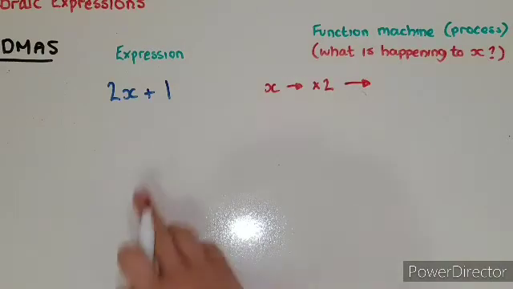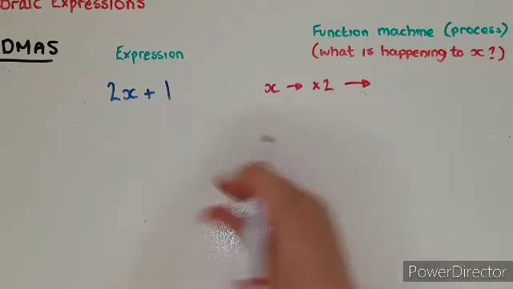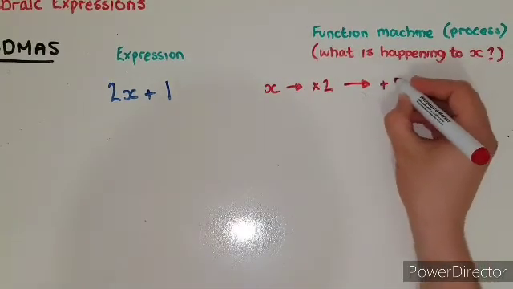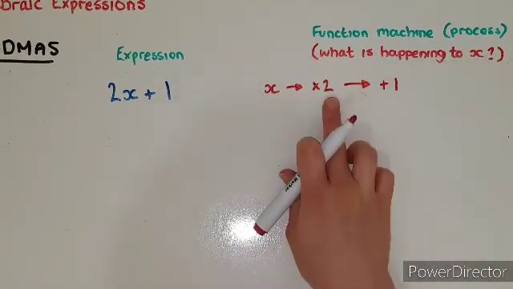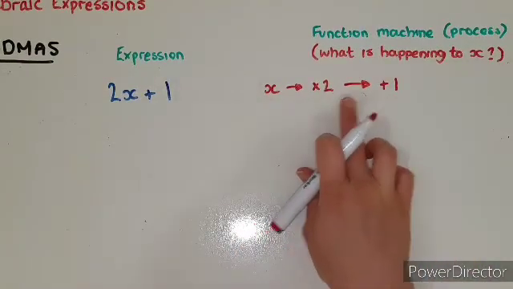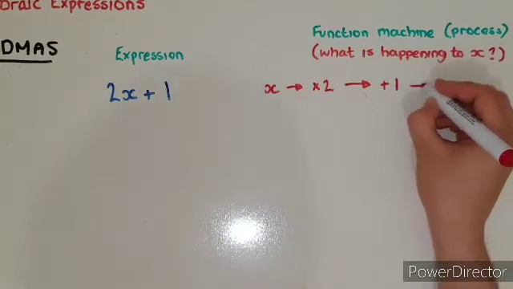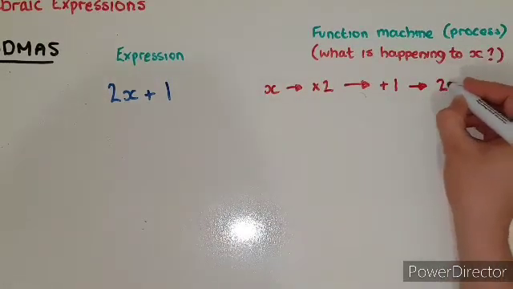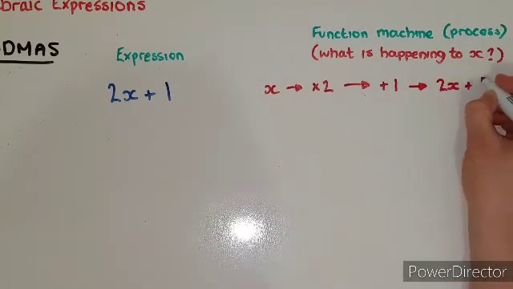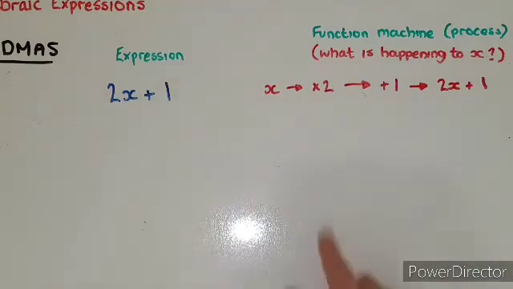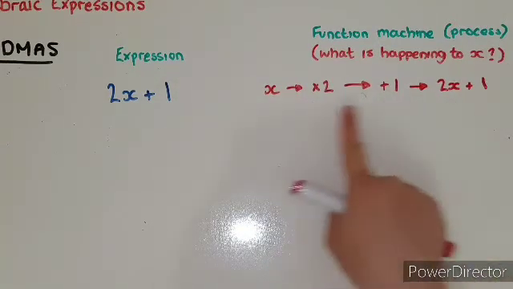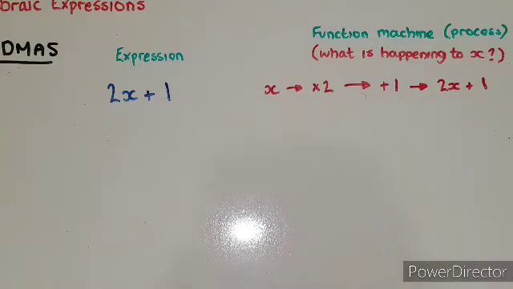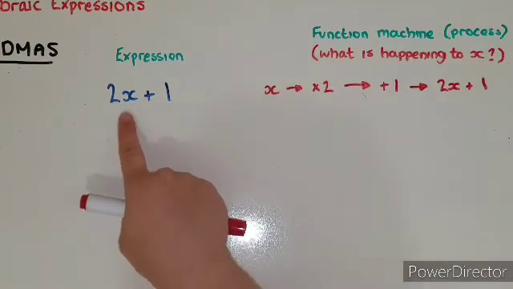The next thing is the add 1. Okay, so I'll put my add 1 in. So I had 2x at this point. I then add 1, so I end up with 2x plus 1. Okay, so this is describing everything that's happening to x in the correct order to make 2x plus 1.